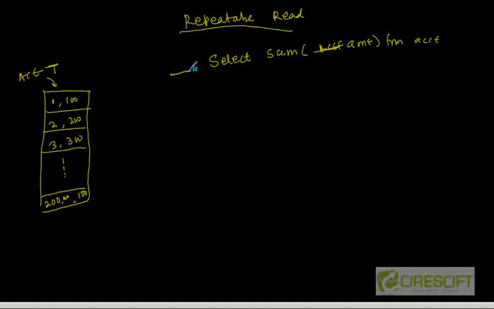While you are doing this select, somebody from another session goes there and updates an intermediary row, let's say account number 100,000 with amount 200. So if he updates account number 100,000, then what happens?